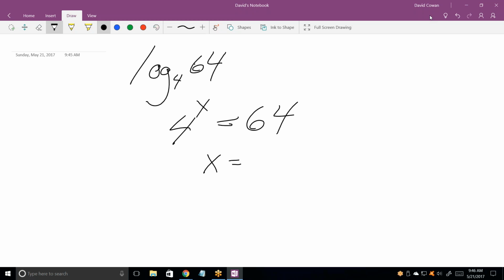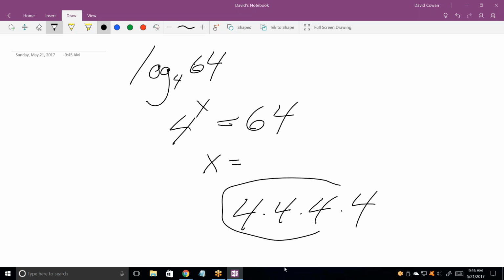Let's see here. Is it 4? Do a couple of experiments. In other words, test out your answer. Is 4 times 4 times 4 times 4 equal to 64? Oh no, that's way too high. Would it be 4 cubed? Exactly.